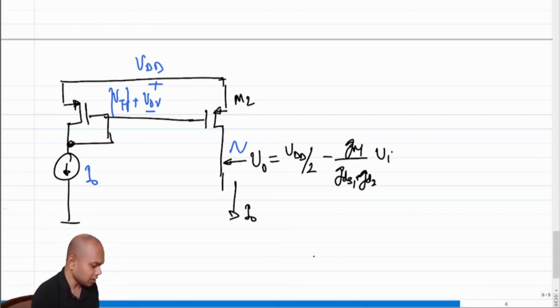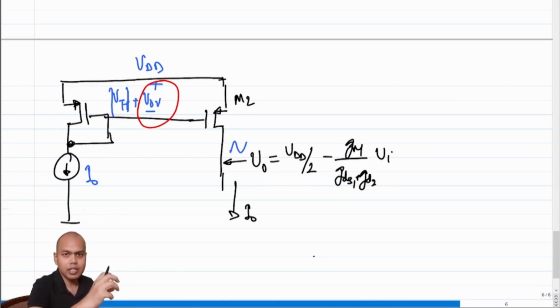If I naught is constant, will M2 ever go into cutoff? M2 can go into cutoff only when the overdrive changes. If the VSG goes towards 0, M2 can go into cutoff. But since its overdrive is fixed, M2 cannot ever go into cutoff.